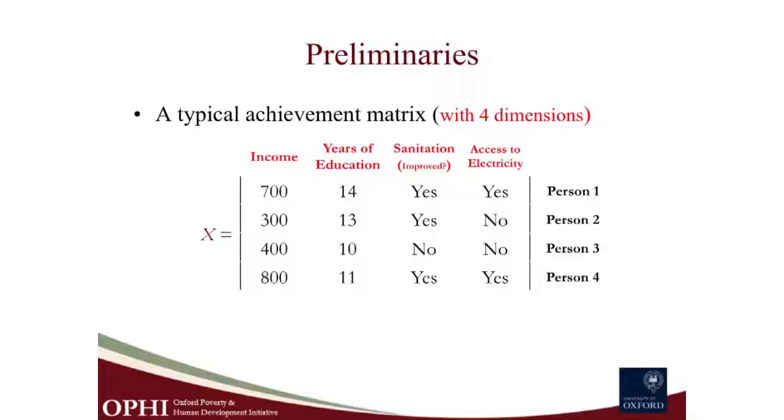Years of education, say sanitation facility, access to electricity. There could be a health variable, there could be other variables as well. This is just an example, and by no means assume those are the dimensions that should always be there. This is just an example where we have 4 indicators, just for the sake of the example.